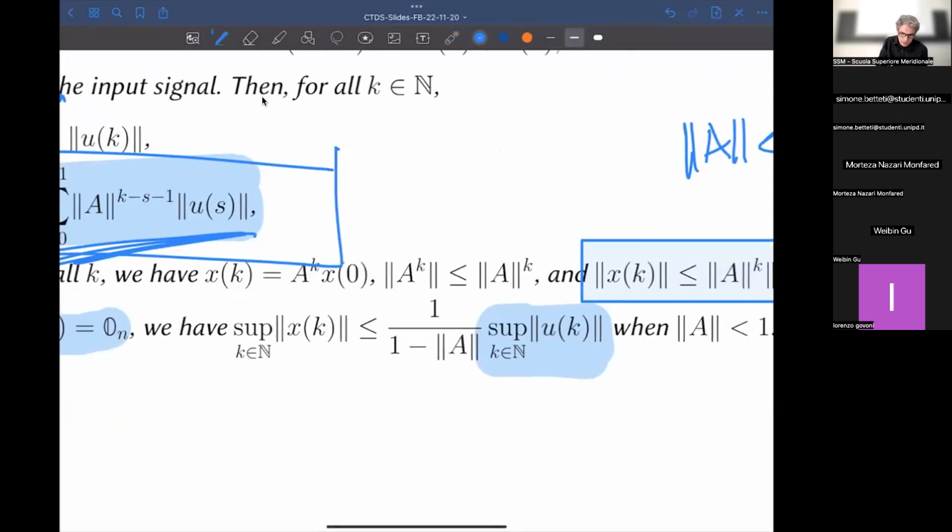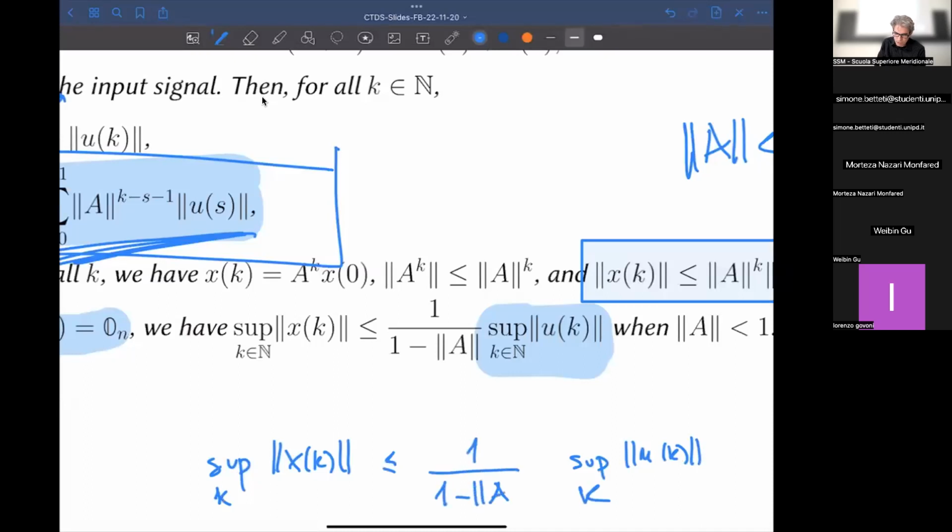This upper bound says that the supremum value achieved by the norm of the state over all times is a function of the supremum value of u multiplied by 1 over 1 minus the norm of A. You see, this is the same bound we got before for the parametrized Banach contraction theorem, because this is the Lipschitz constant of the linear map. And I'm assuming this to be less than 1. Otherwise, this derivation does not work.